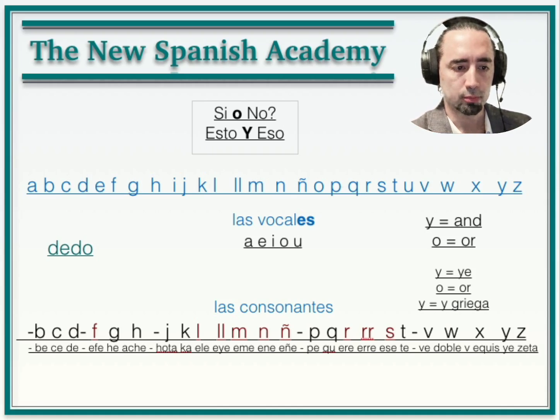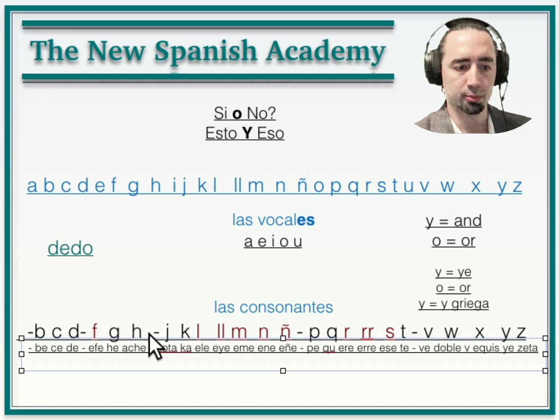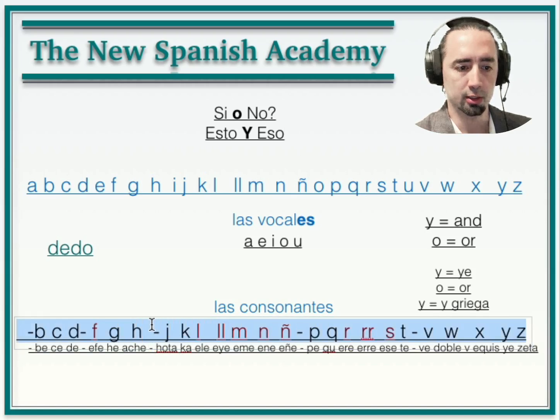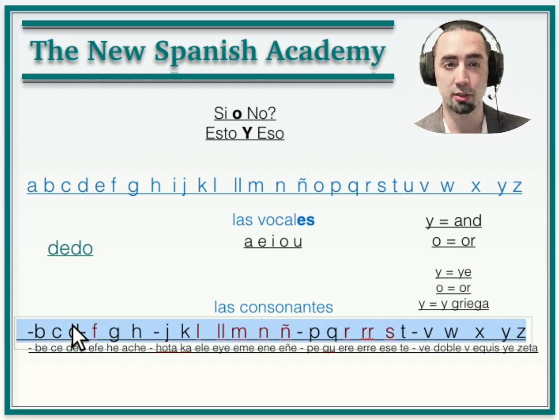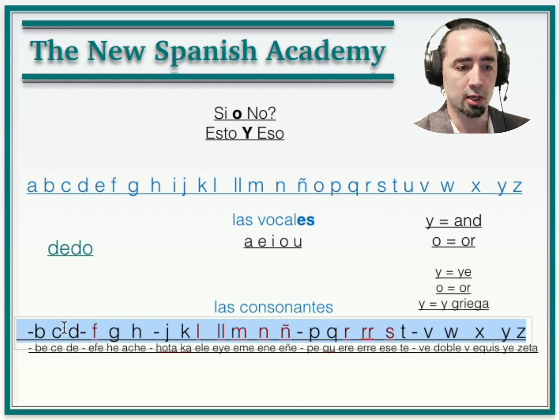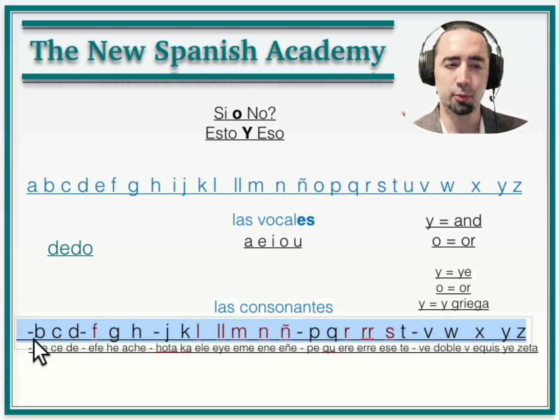Okay. Now, these are the consonants, and this is important because we just went through it a second ago, and we're just going to look at the consonants. So if you don't know what consonants are, the vowels are A, E, I, O, U. Now the consonants are the other letters that are not the vowels, of course. Now in Spanish, listen to patterns.